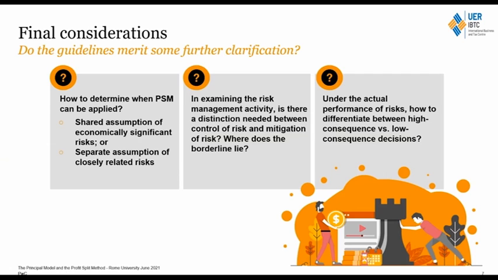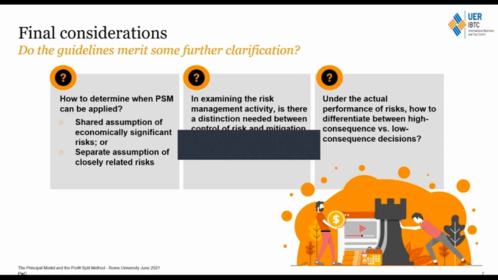This again is something where the control over risk, however boring it may be, may need some further discussion, some further exchanges of views, because there is not a lot of explanation in the guidelines. So for instance, is a profit split method the best method if there is a shared assumption of economically significant risks? Or is it enough to have separate assumption of closely related risks? So that is the first question.